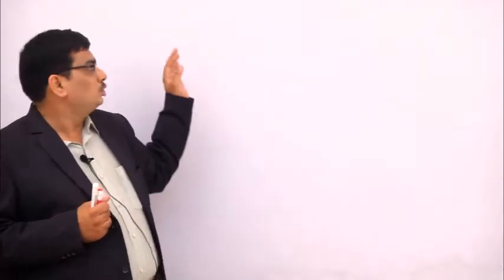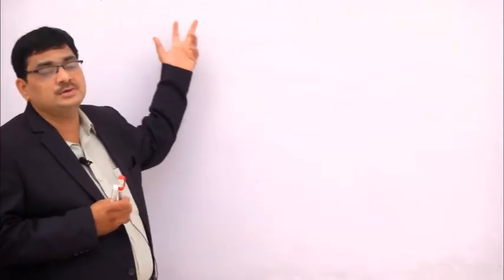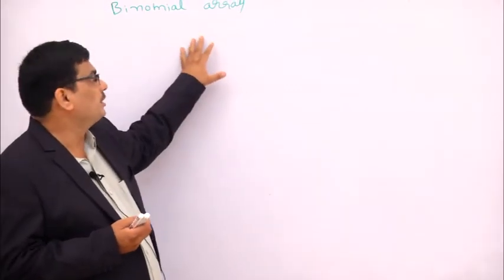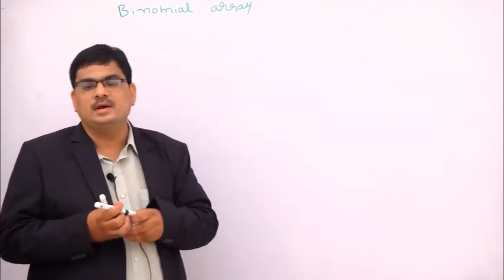That's why the total gain of your antenna may be reduced. So to overcome this, what is the solution? How to reduce the minor lobes or side lobe levels? Using a binomial array is one of the solutions to reduce the side lobe levels.